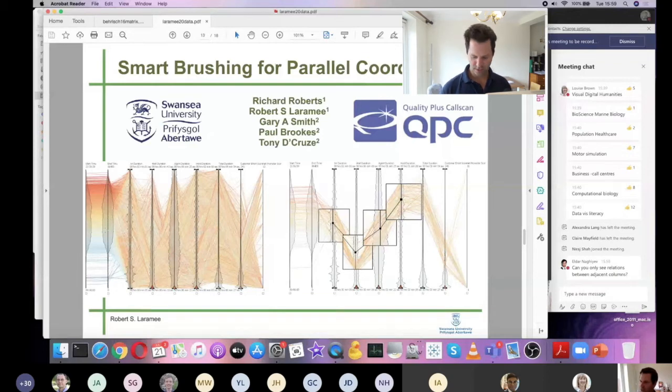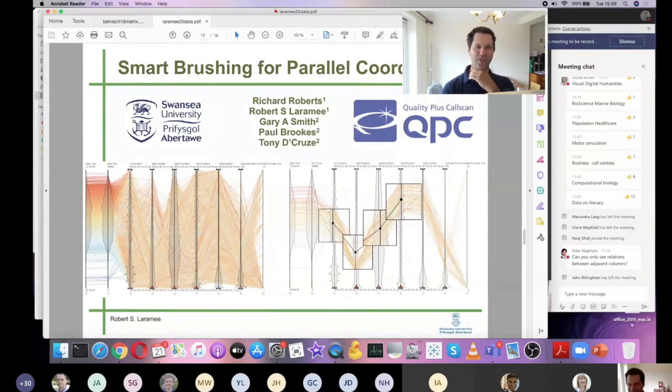There's an axis that represents the amount of time each call spent in the IVR. That's that first stage of a call when you pick up the phone and then you start pressing different menu options like dial 1 if you want to speak to an operator or something like that.